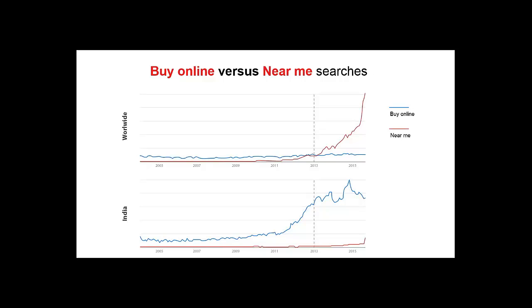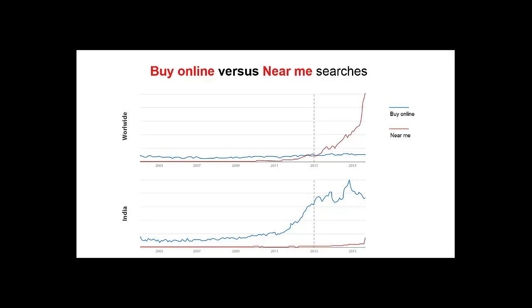And the story in India is just about beginning to happen. Now, I presented this to show that, from a consumer's behavior perspective, there are a lot more people looking at fulfilling their buying needs in their local vicinity than pure play buy online. This is a proxy for that data, essentially.